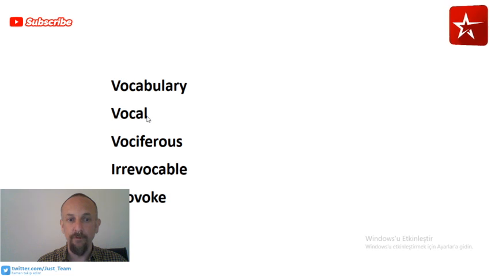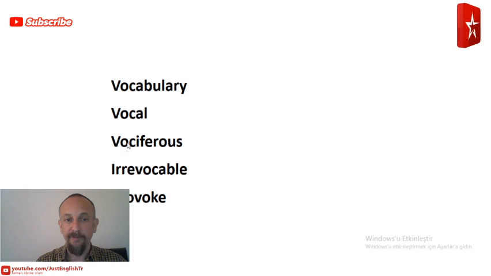We've got vocal. It's not vocal or vocal. Here, as we discussed last week, we have that sound. We'll be looking at this suffix later today, so it becomes vocal, like kul in Turkish. Here we've got the same sound, vociferous. And here that sound, it looks like an us.